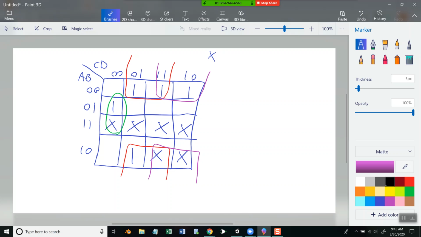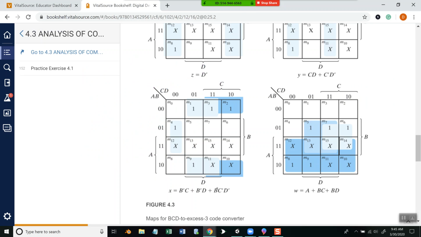Now this one over here, if I come over here, this is A is 0, B is 1. This is A is 1, and B is 1. The 0, remember, is primes. 1 is just the normal variable. Now here's our B C prime D, our very last term here.